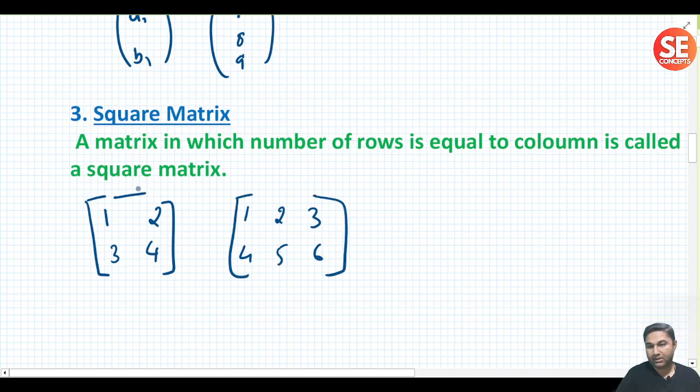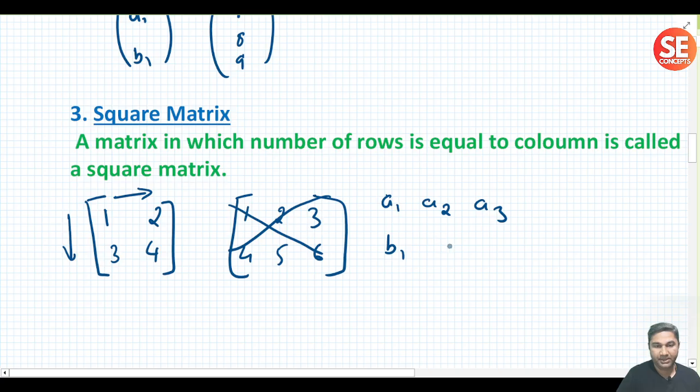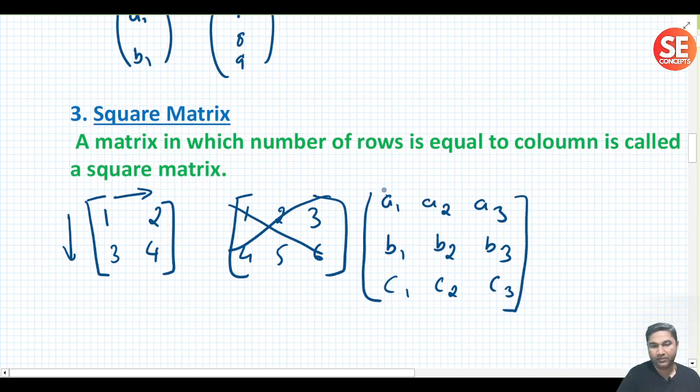The number of elements in the row and in the column should be the same. For three digits, you can write A1, A2, A3, B1, B2, B3, C1, C2, C3. This is a square matrix of order 3 cross 3. This is 2 cross 2.